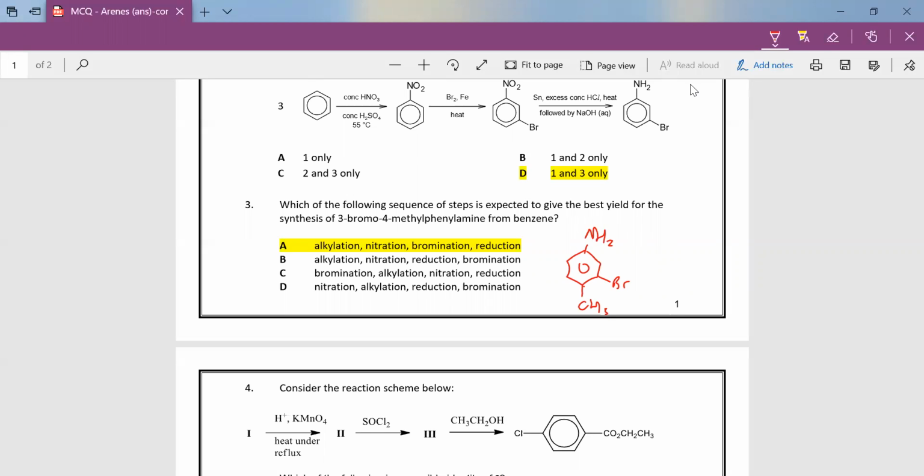Okay, so first of all, you actually get an alkyl group in. Then after that, you introduce your nitro group on the 4th position. All right, then you brominate it, and then after that you reduce the NO2 to NH2.